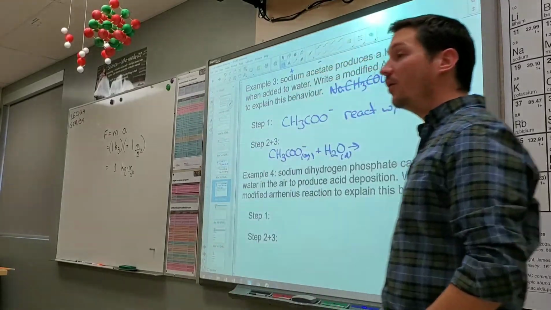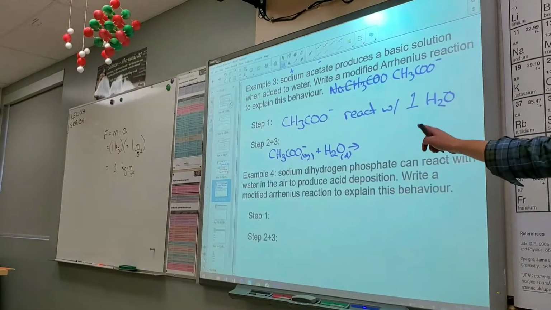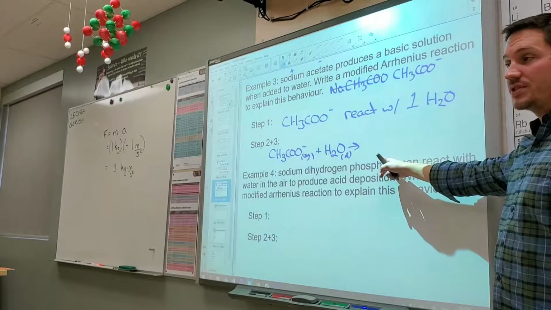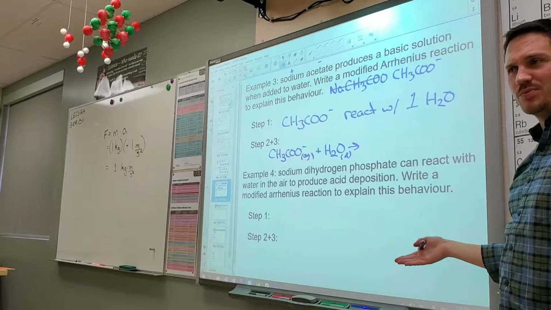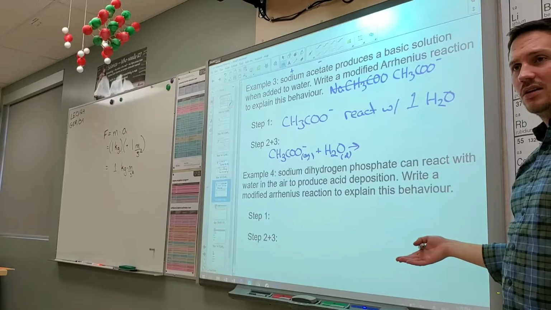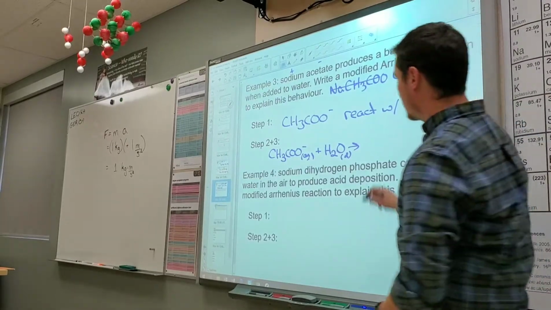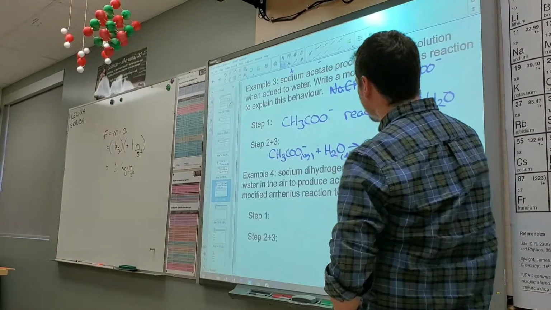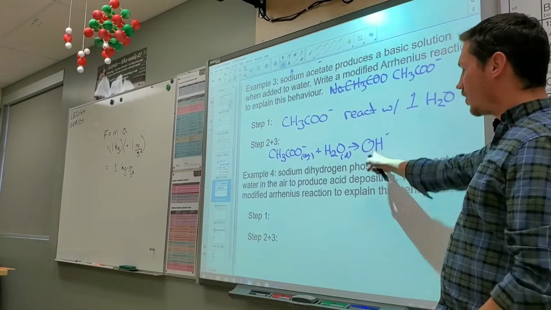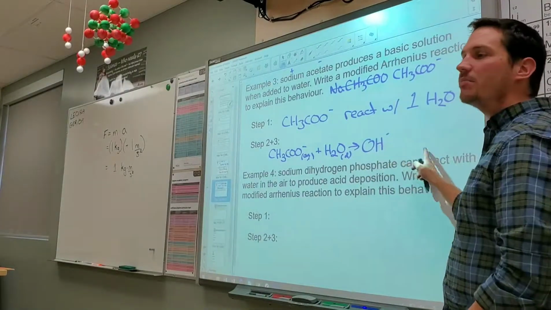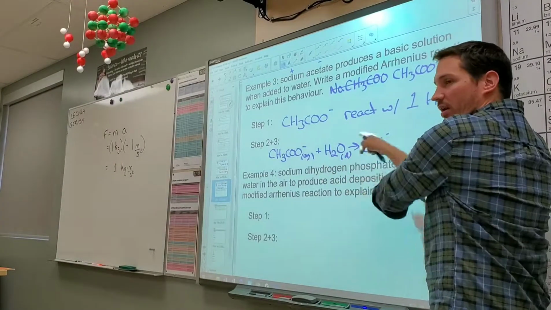What should be the first product? It has to be hydroxide. Why does it have to be hydroxide? Because it's a base. Now, I'm being facetious, I'm kind of lying to you. The first product doesn't have to be hydroxide, as long as one of these 2 products is hydroxide.